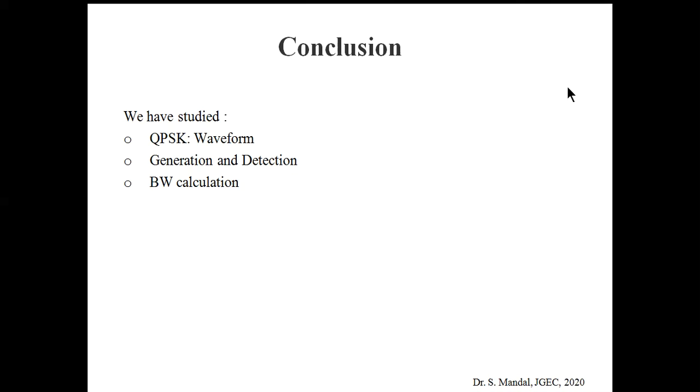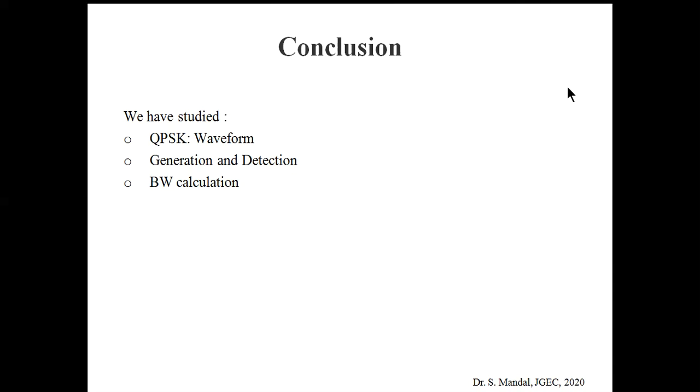But another popular approach is pi by 4 QPSK, where pi by 4, 3 pi by 4, 5 pi by 4 and 7 pi by 4 phase angles are used for the different messages or symbols like 00, 11, 10 or 01. After that we also observed the corresponding signal space diagram and found the probability of error, or noise immunity.